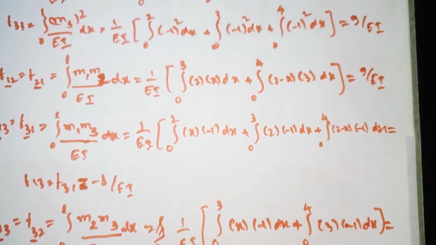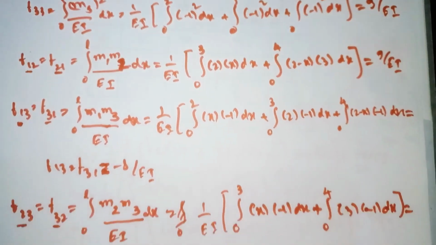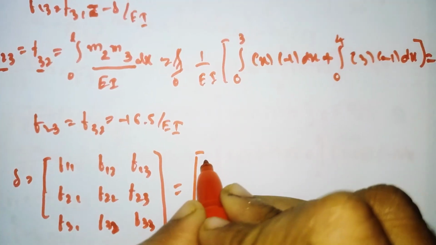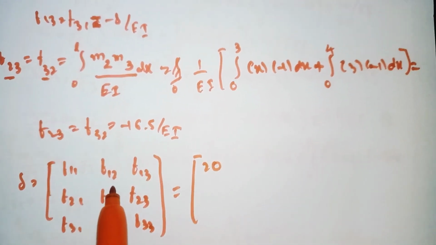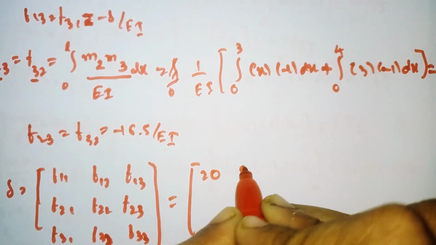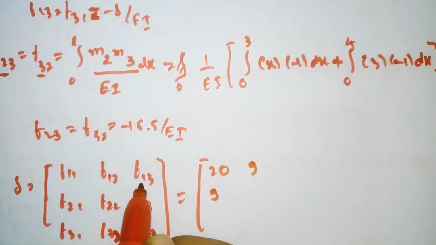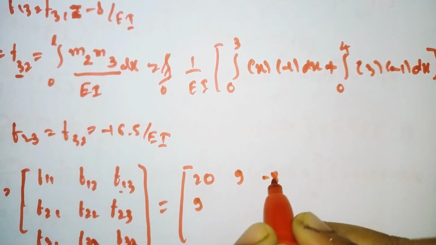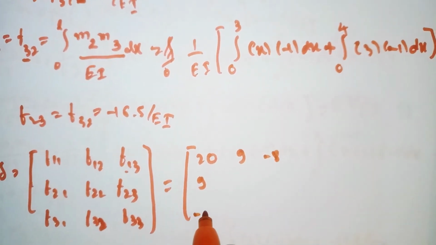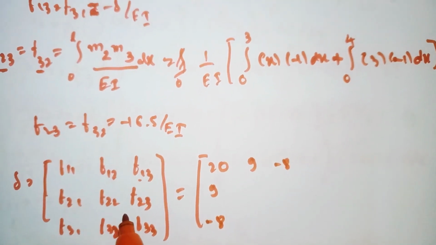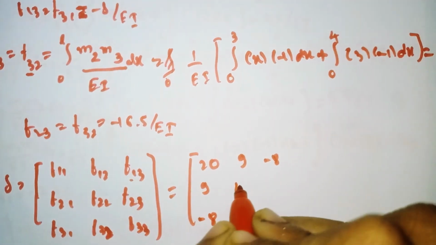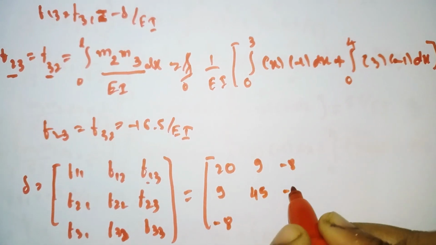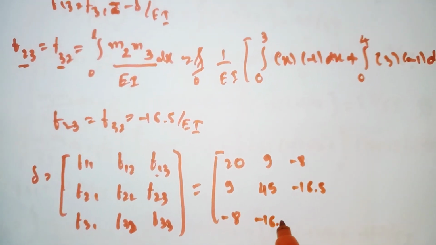So now we have calculated all the values. Substitute all the values in the flexibility matrix, that is delta is equal to F11, which we got as 20, F12 as 9 and F21 also 9, F13 as -8 and F31 also -8, F22 as 45, F23 as -16.5 and F32 also -16.5.